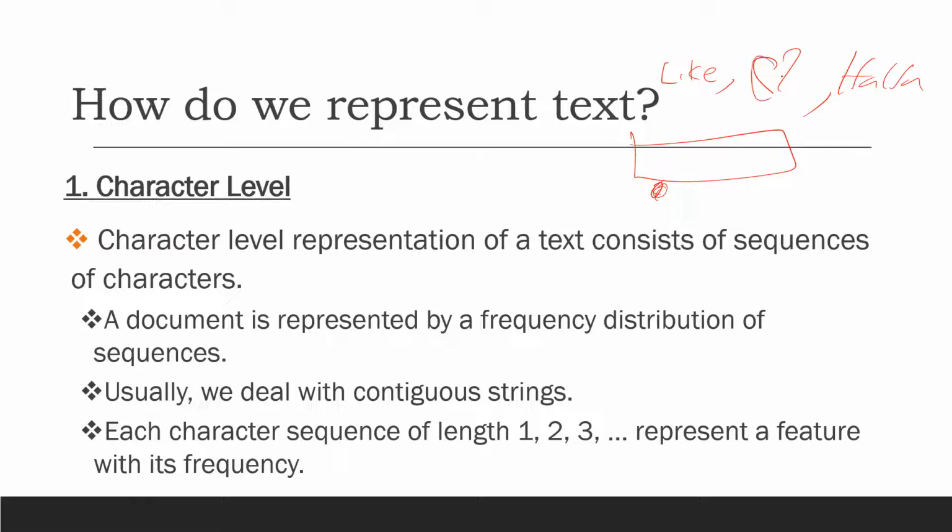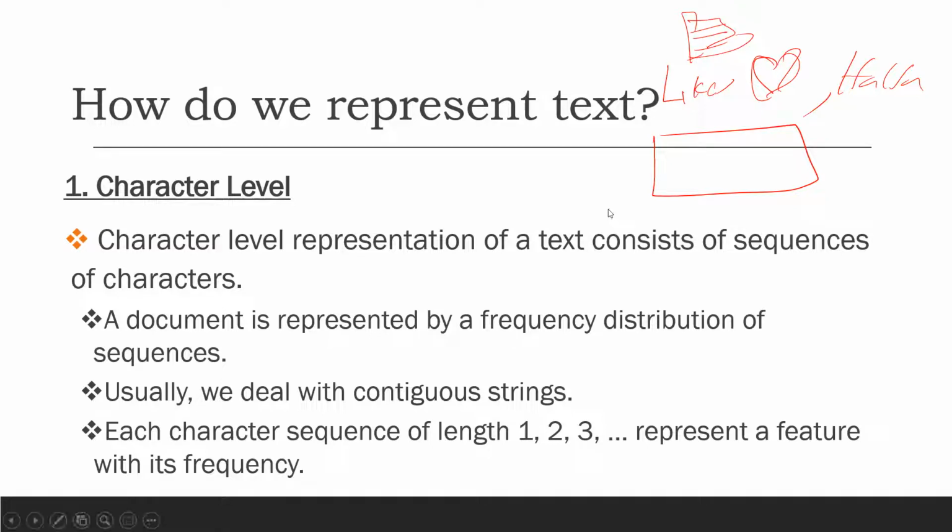If you put a heart, you indicate something different. If you put laugh, it's totally different. How do they find out? By using a single character. If it is a like, it's a hand, no? So it's a single character they are using to represent the information.